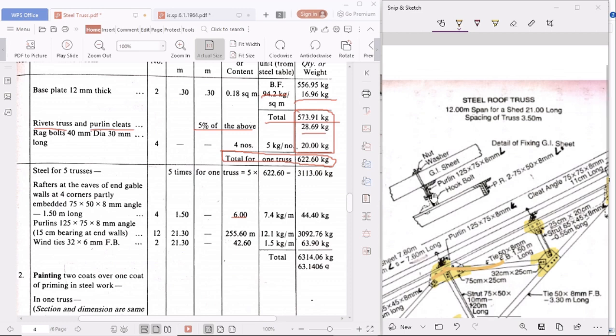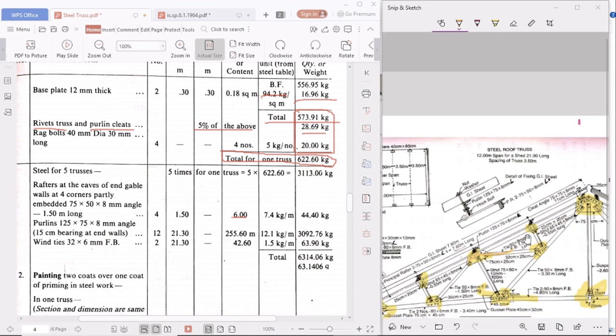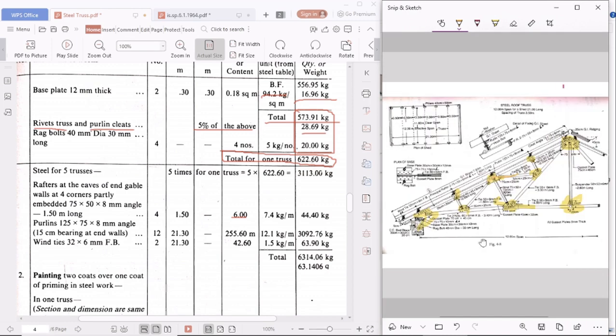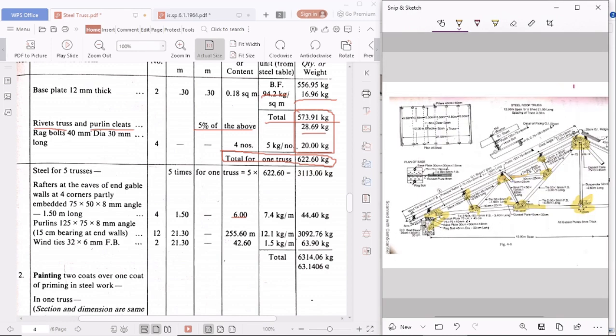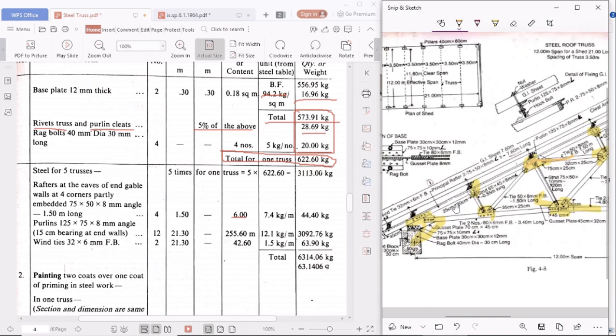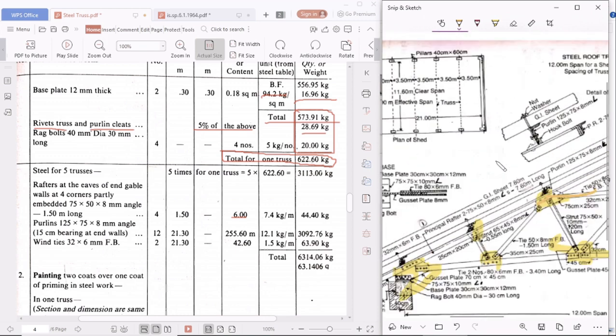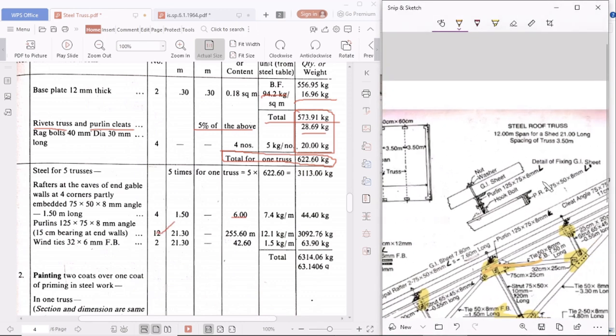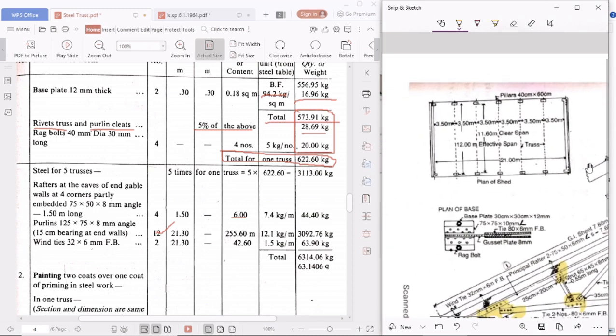Now next, purlins. The purlins will be almost equal in number to the cleat angles. See here, 1 2 3 4 5 6, so 6 numbers, so 6 into 2, then it will be 12. So 12 number is the purlins. What is the dimension of the purlins? 125 into 75 into 8, with 15 centimeter for bearing.